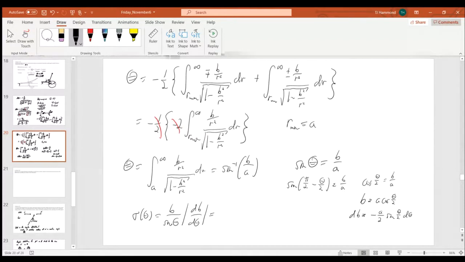So we substitute that in here for our differential scattering cross section, and we get a cosine theta by 2 for b divided by sine theta, that should be a little theta, times db by d theta, which is a by 2 sine theta by 2, and d theta by d theta is of course just 1.